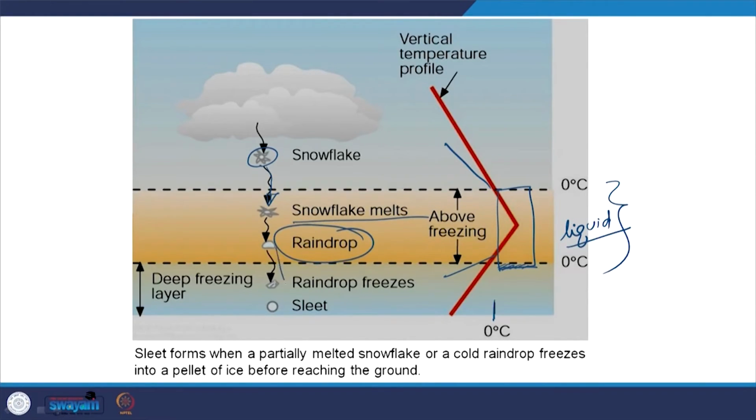Once it crosses this region and enters a region where the temperatures are sub-zero, it freezes again, and then you will see the sleet. So, sleet forms when a partially melted snowflake or a cold rain droplet freezes into a pellet of ice before reaching the ground. This is the basic understanding of the formation of sleet, right.